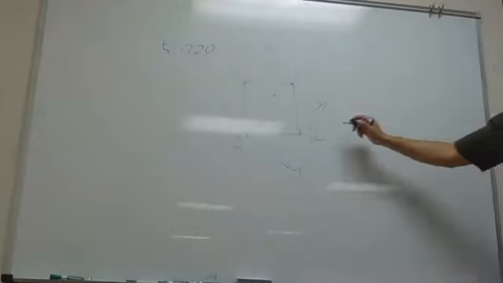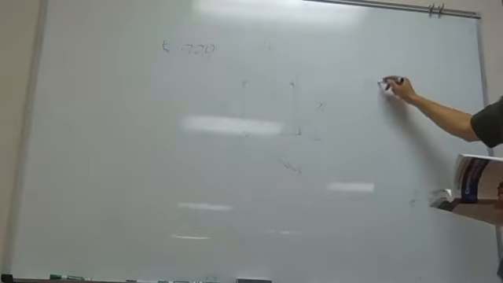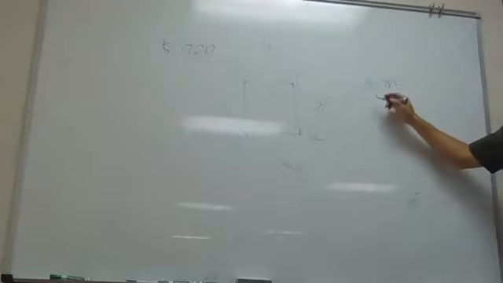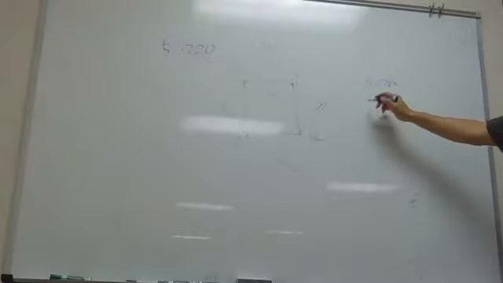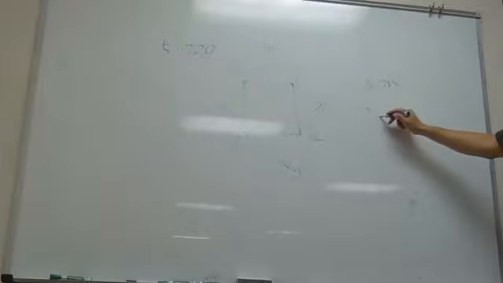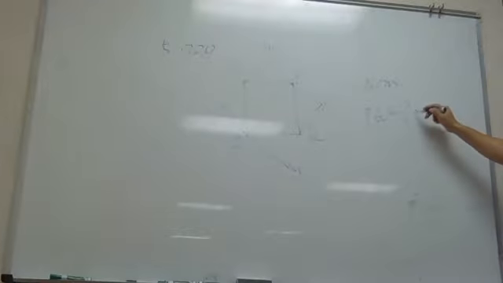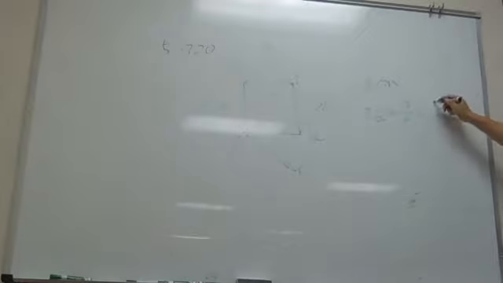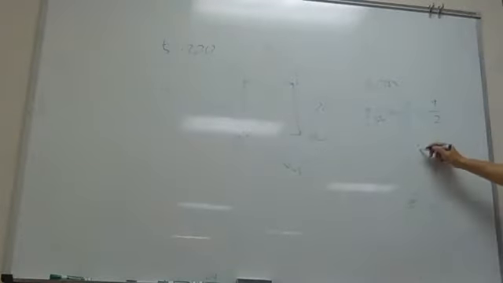If the perimeter of PQRS is 18, then tell me immediately what do I know? You know the side length is 18 divided by 4, which is exactly 4.5 centimeters. And what do you want?